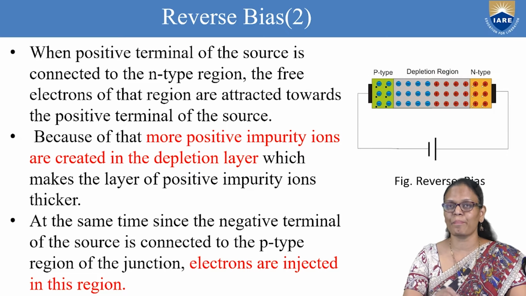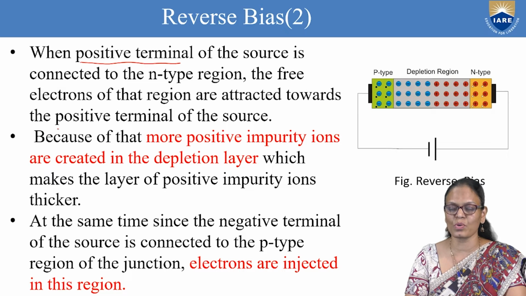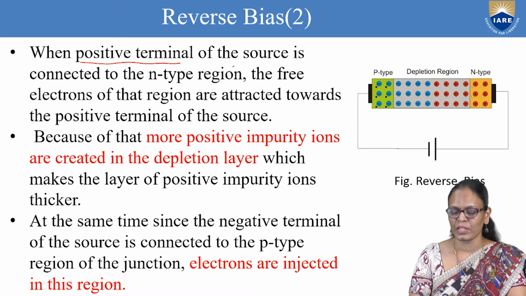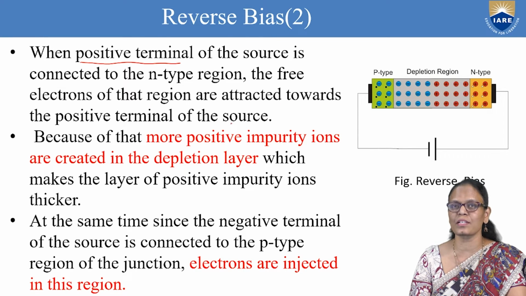Now, what happens? What is the phenomenon that occurs? The positive terminal of the source is connected to the N region. The free electrons of that region are attracted towards the positive terminal.